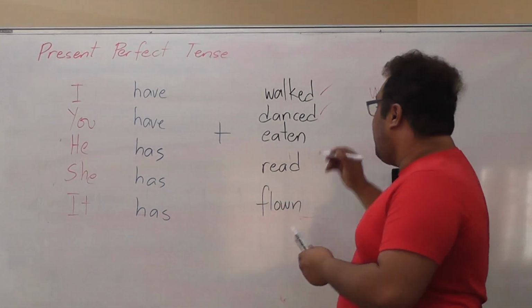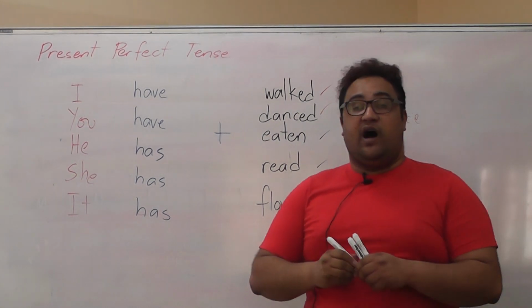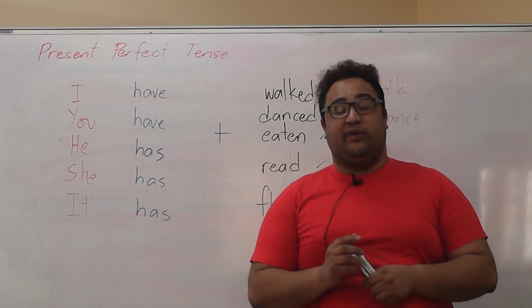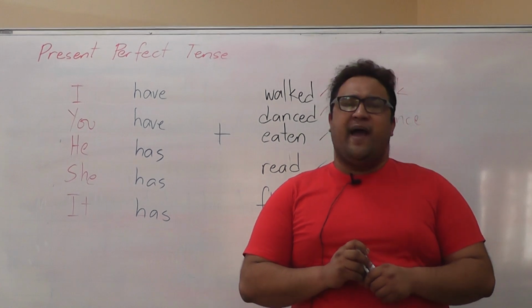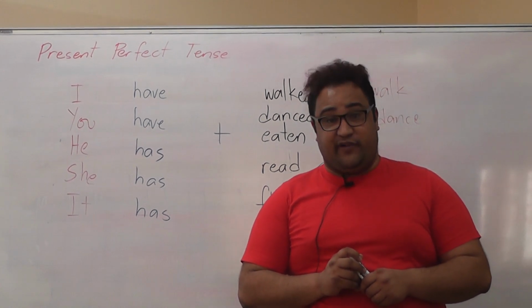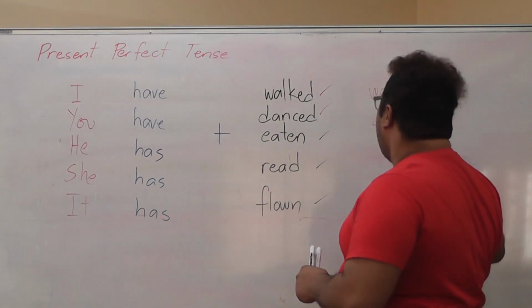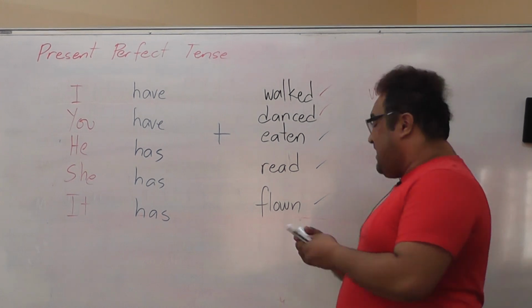But for eaten, read, and flown, these are what we call irregular verbs. So how do we form the past participle of irregular verbs? Let us first go back to what is the base form for the past participle eaten.